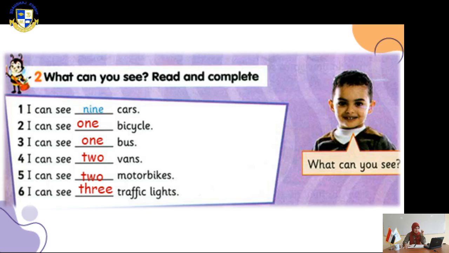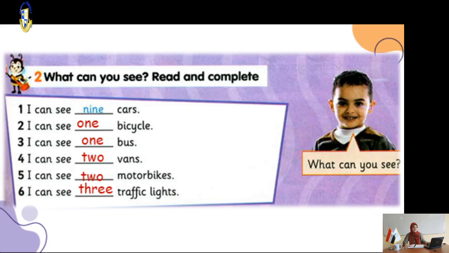What can you see? I can see how many bus? Look at the picture and count with me. Only 1 bus. So write 1 bus. Number 4, I can see, look at the picture, how many vans? 2 vans. That's correct.